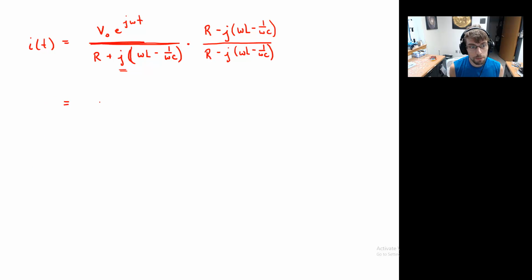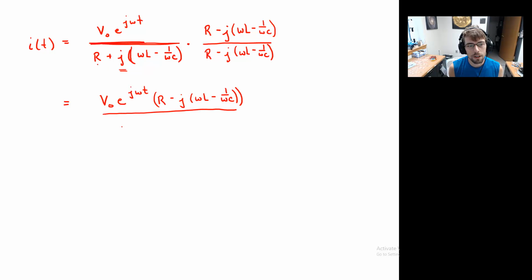And so we end up with V naught e to the j omega t times R minus j omega L minus 1 over omega C. And let's look at the denominator. What do we have?